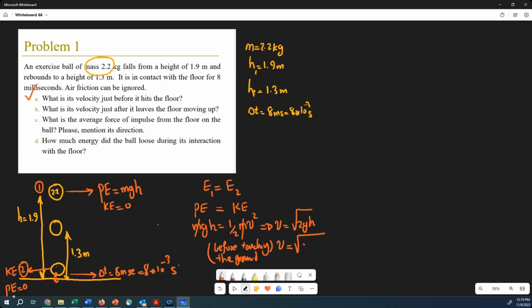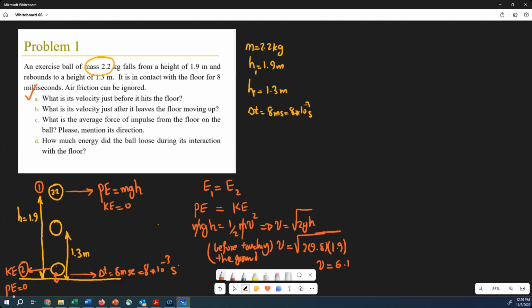So what is this velocity? We can calculate 2 times 9.8 times the height, which is 1.9. Do you have a calculator? Can you calculate this number? 6.10, yes?